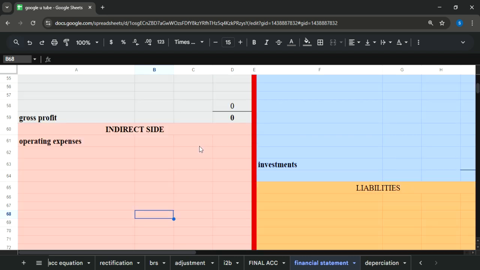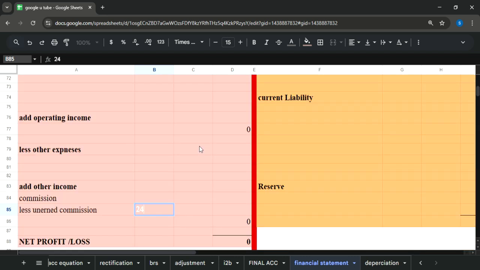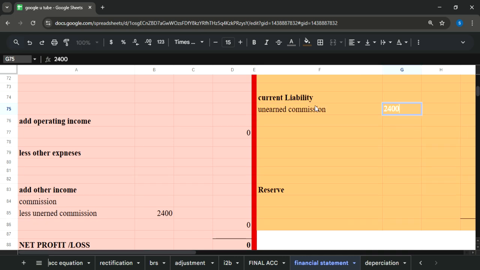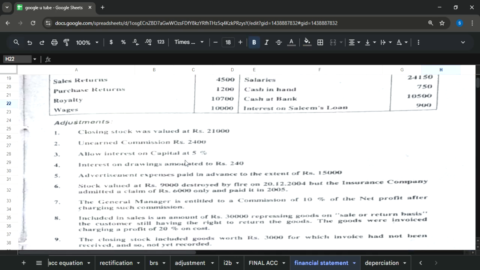For the second effect we will go to the liability side because it is unearned commission. Amount is 2,400. So you can see two effects, one on the left and one on the right side. Unearned commission we have completed.